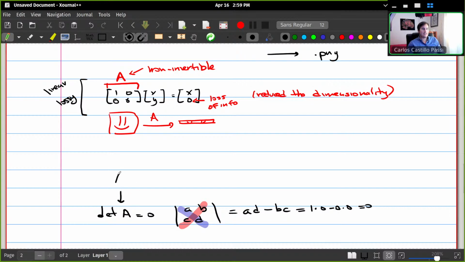There's a thing that the inverse does not exist, right? That is basically the same as saying that the determinant is 0, right?